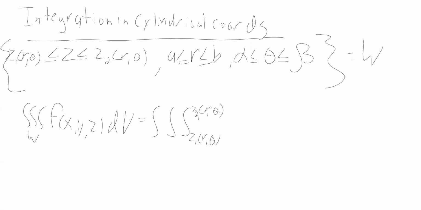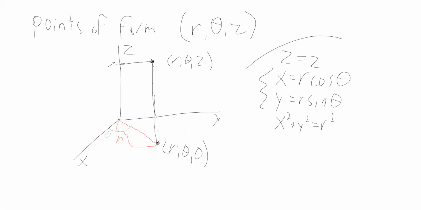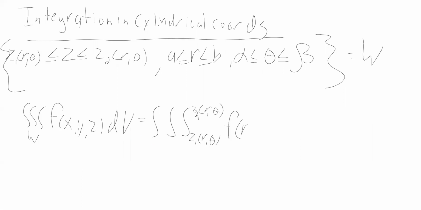So we have to do the change of variables here. Z stays z, but every time we see an x in the function, we replace it with r cos theta, and every time we see y, we replace it with r sine theta. X becomes r cos theta, y becomes r sine theta, z becomes z.